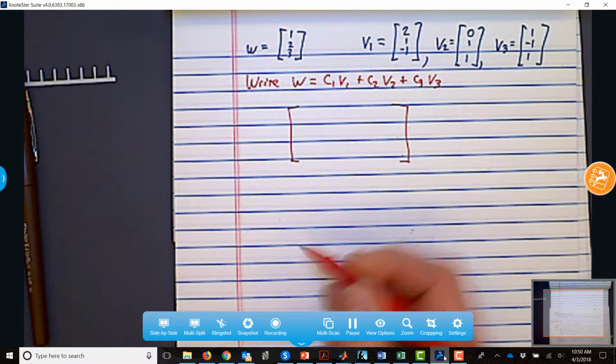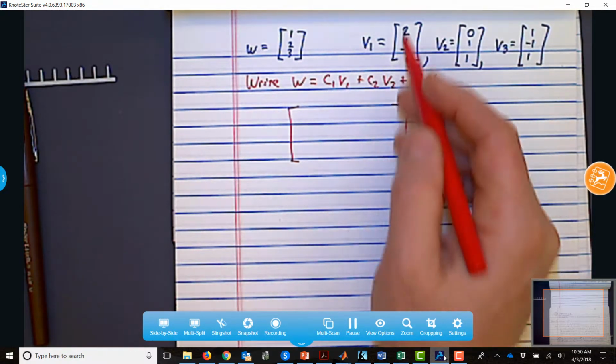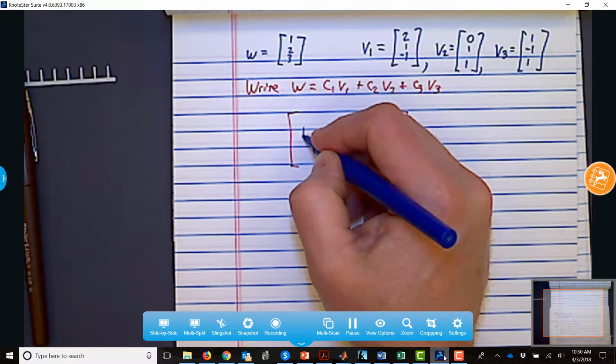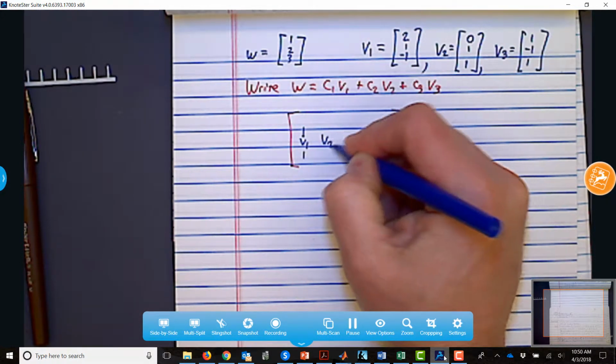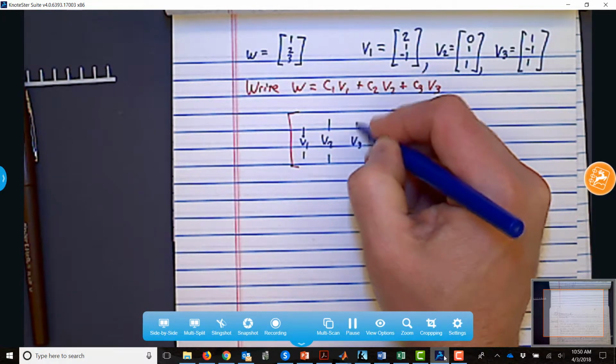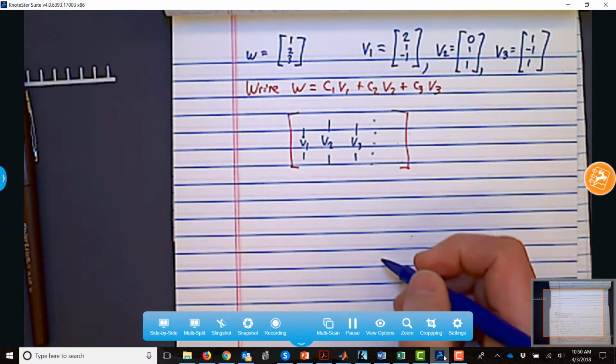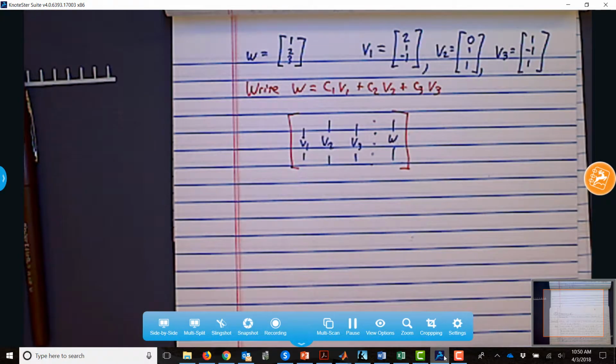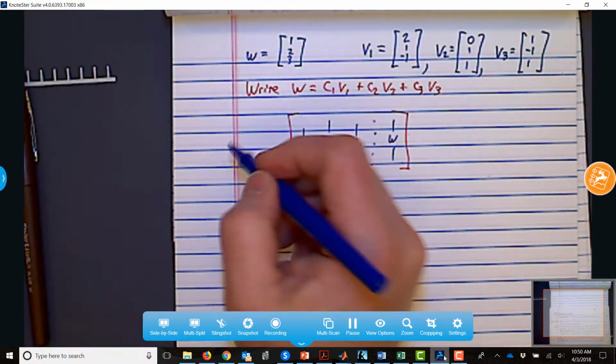You put the columns v1, v2, and v3 here. And then you put w here. And what do you do to the matrix? What we always do, right?